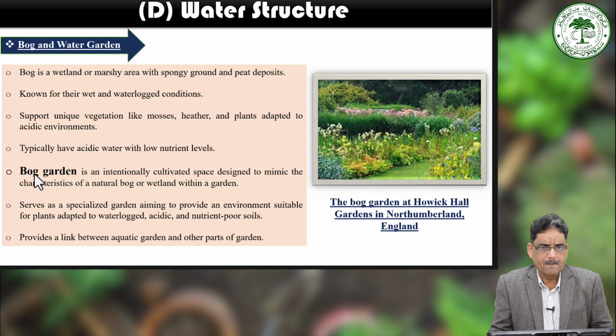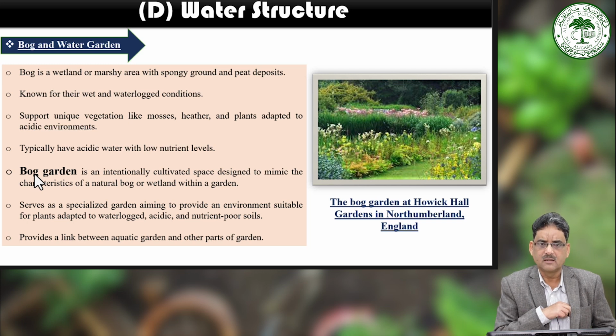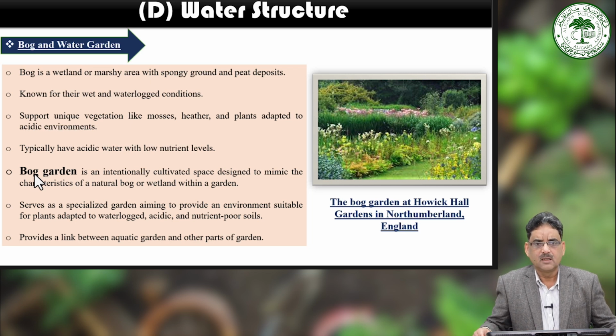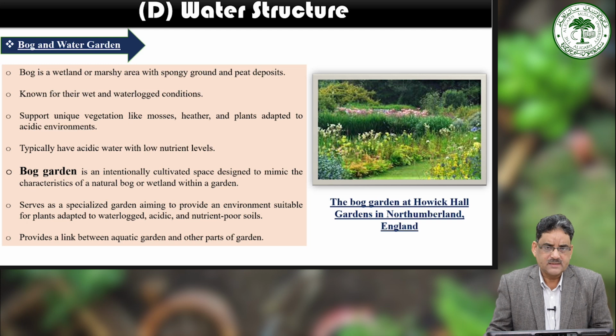They play a crucial role in supporting specialized plant and animal species adapted to their distinct condition. A bog garden usually provides a link between the aquatic garden and other parts of the garden.